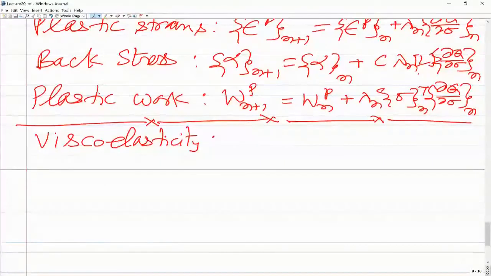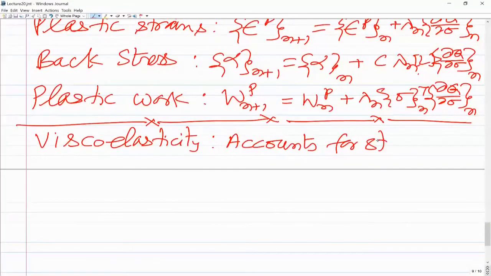Basically, it accounts for the strain rate effects. So this accounts for strain rate sensitivity of material.